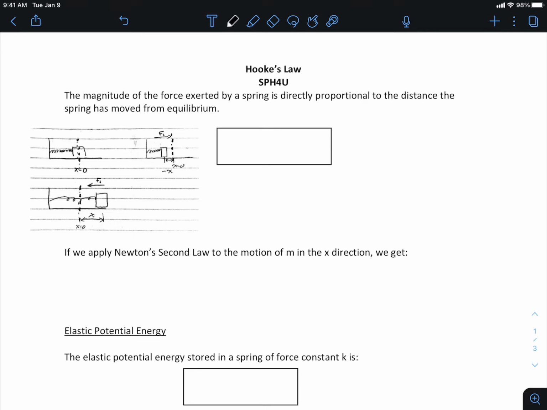And once we stretch or compress a spring, there is a force exerted on whatever you're compressing it with, if it's a box or whatever, right?